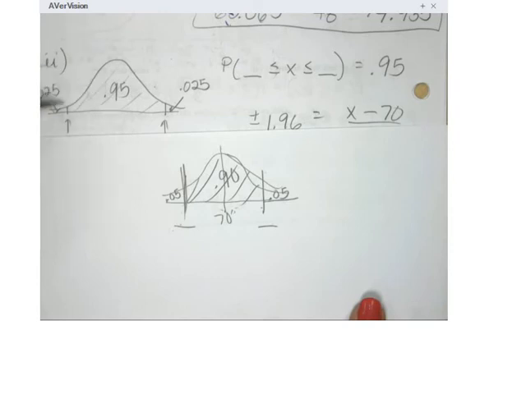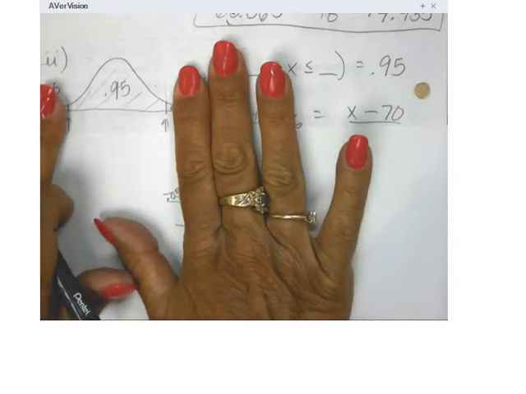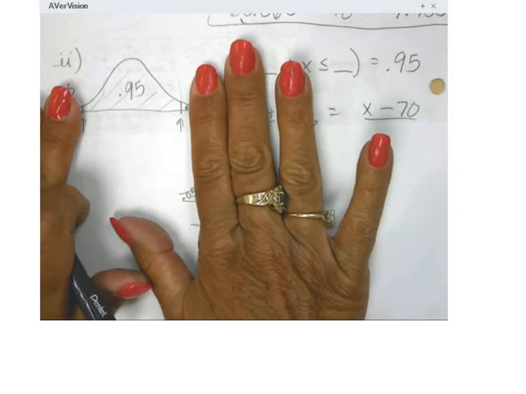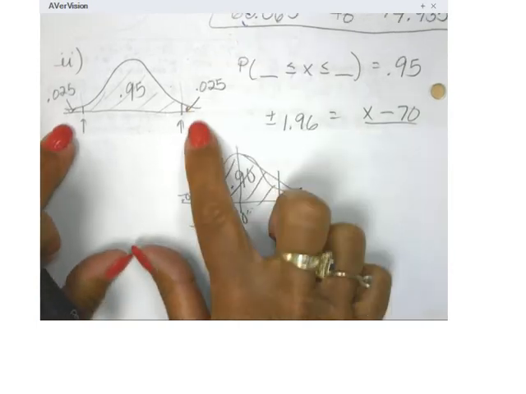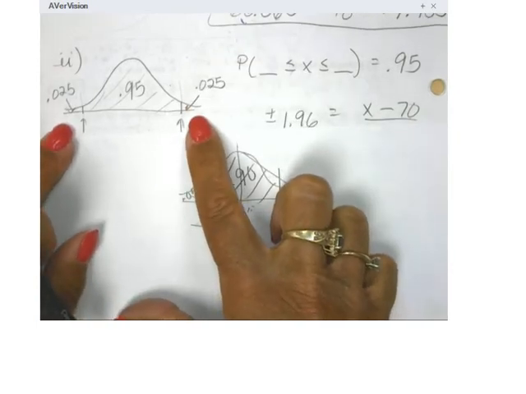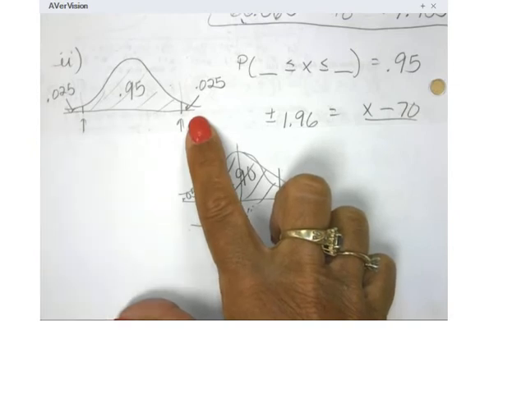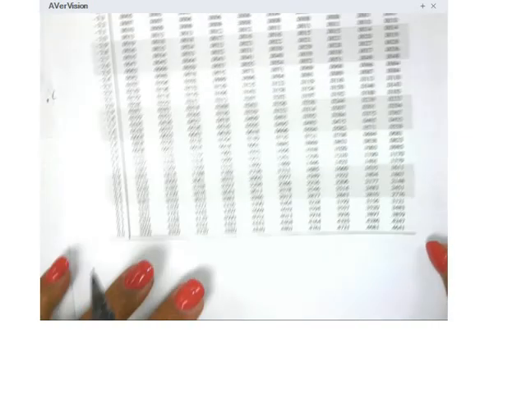And now 95% are between these two, so we're missing 5%. 0.05 divided by 2, each of these little tails will have an area of 0.025. And if I go to 0.025 for an area, I'll get that right away.